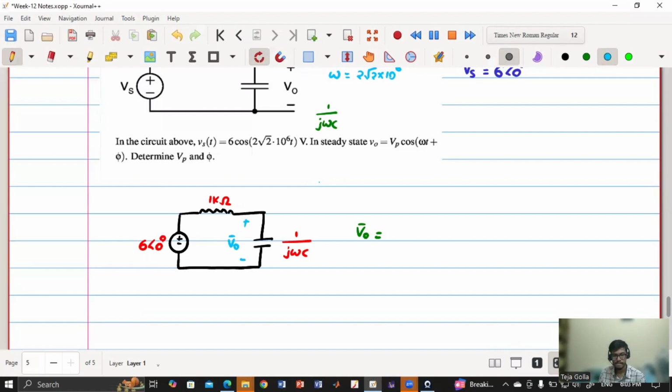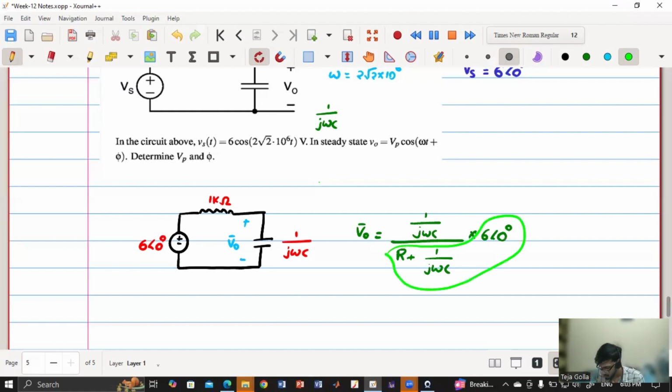1 plus 1 by 2. Yes, so I can consider this as a resistor divider. So the voltage across this impedance is 1 by j omega C by 1 kilo, or maybe I'll write everything in terms of R plus 1 by j omega C. What you said is similar to this: you have I into 1 by j omega C, and this term is I, which is also the same.